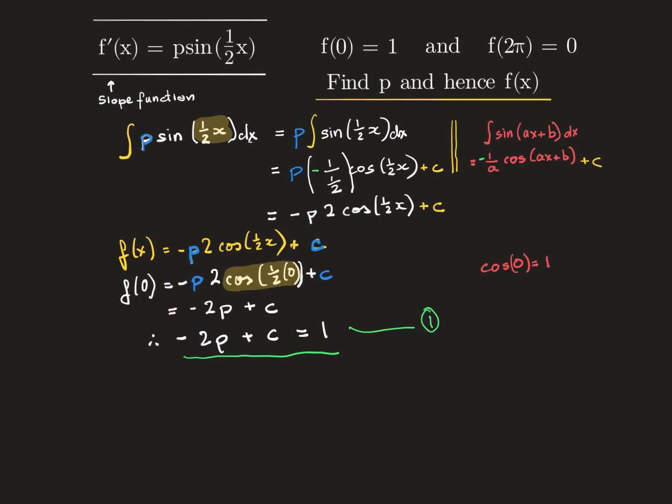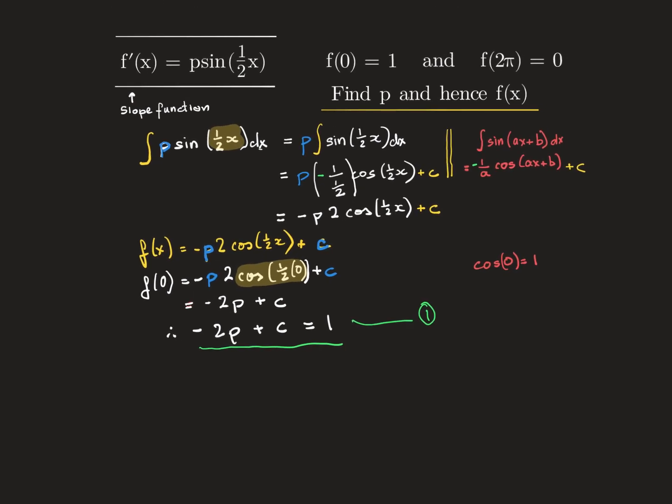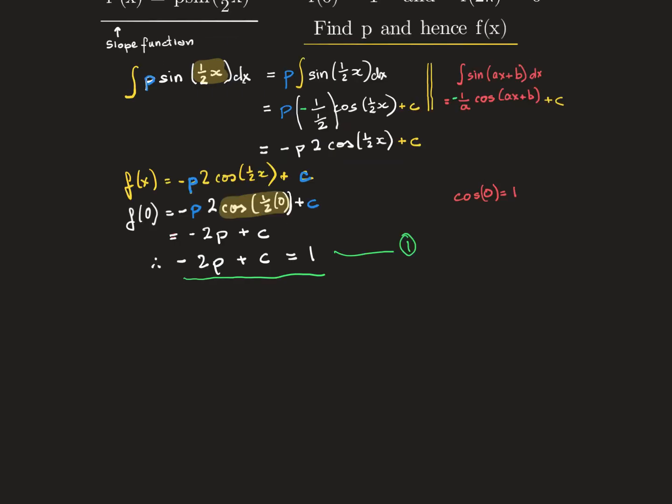Now from the other information, we know that f(2 pi) is equal to 0, so we could do the same thing and substitute it one more time into our f(x) equation, just like we did over here. And we have minus 2p cos, this time we will have 2 pi on 2, plus c. So what is cos pi?